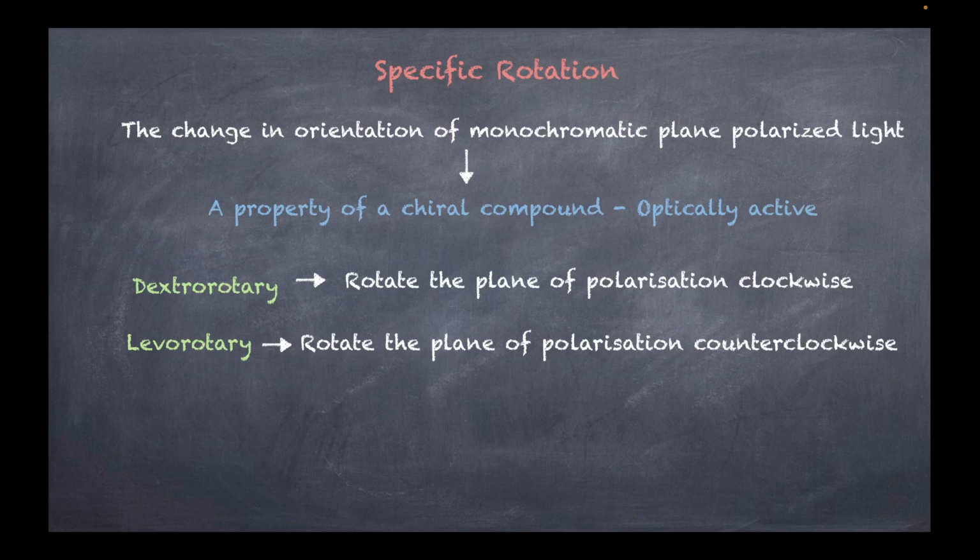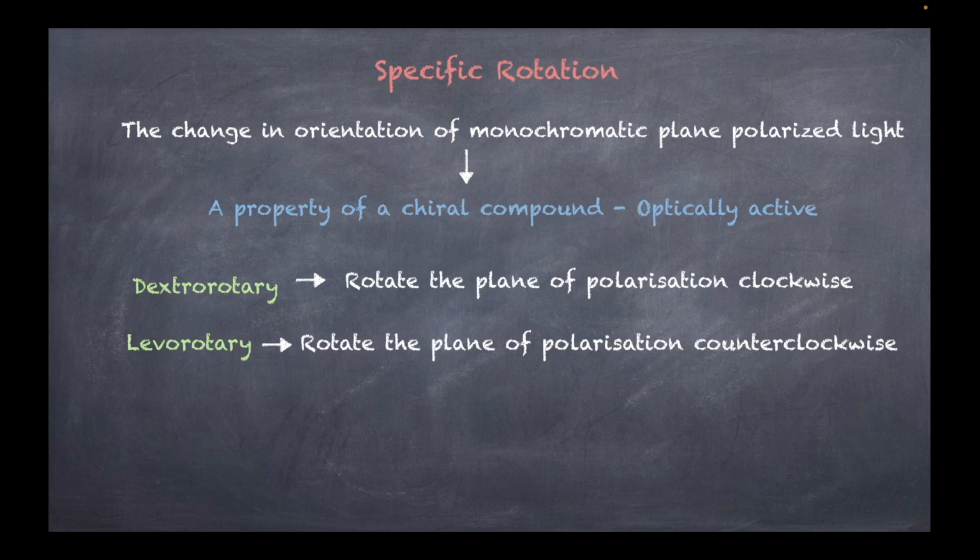First, let's understand the basics of specific rotation. Specific rotation is the change in orientation of the plane of polarization of incident monochromatic plane polarized light. That means if we pass monochromatic plane polarized light through a given sample, and our sample contains a chiral compound, then the sample rotates the plane of polarization.